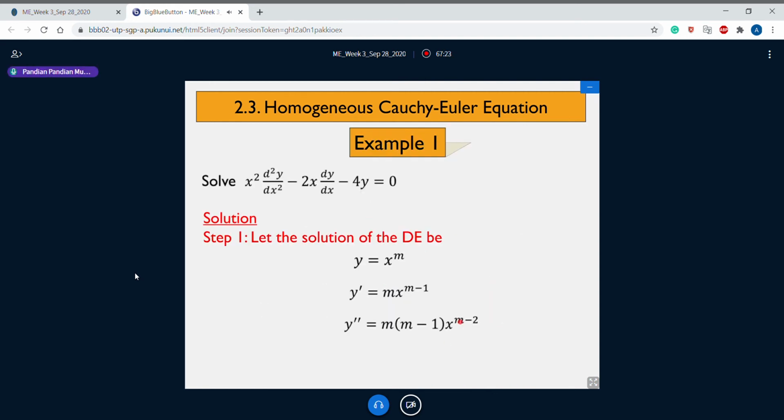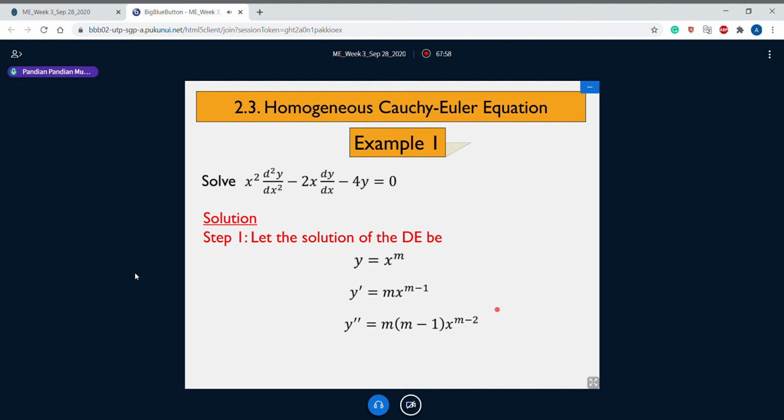Now we look at the example. You can solve this very easily. It is up to you. You can follow these steps as shown on the slides, or you can do it your own way. It is up to you how you solve, but at the end of the day, we want the correct general solution.